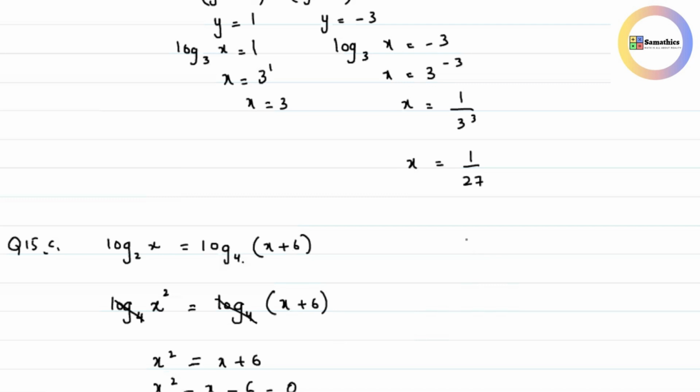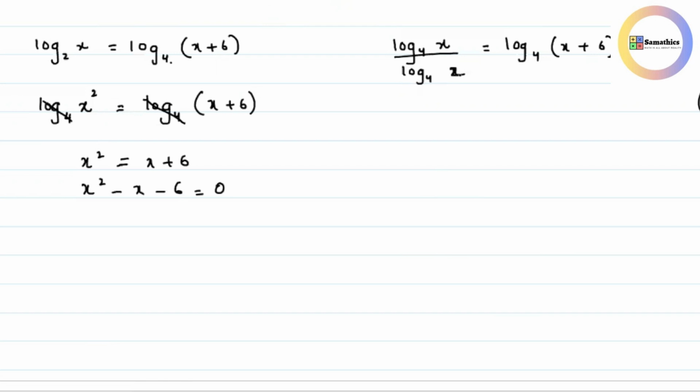How do you use the change of base law? We have here log 2 of x. In the numerator, we can write log 4 of x upon log 4 of 2 is equal to log 4 of x plus 6, right? And the answer of log 4 of 2 would be 1 upon 2.